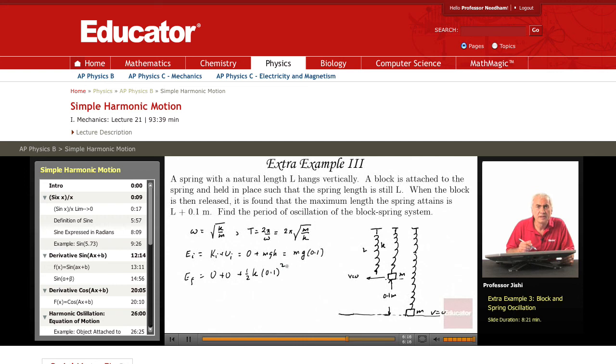Equating the initial and final energy, I have m, g, h, let's just put h for now, which is 0.1, is equal to half k h squared. So the h cancels. I get mg equals half k h, which means that m over k is equal to h over 2g.